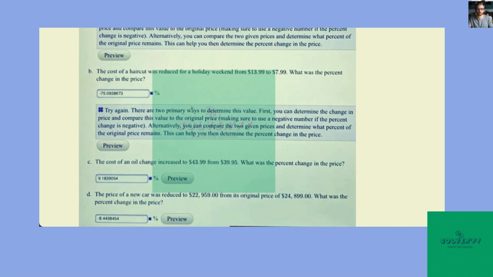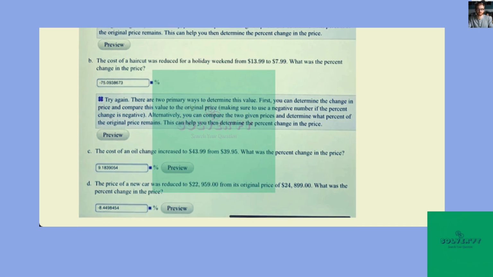Let's look at B. The cost of the haircut decreased, so it's now $7.99. It was $13.99. So you always compare the two for the difference, which in this case went down. And you always compare with where it started. How much did it change compared to where it started?